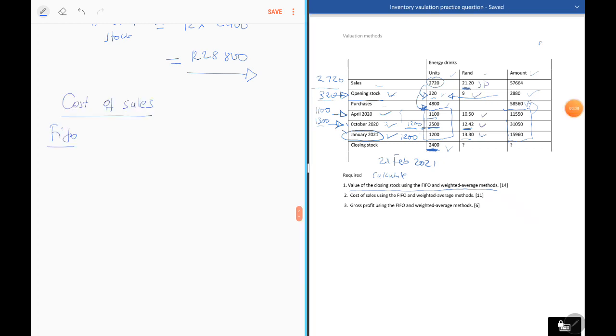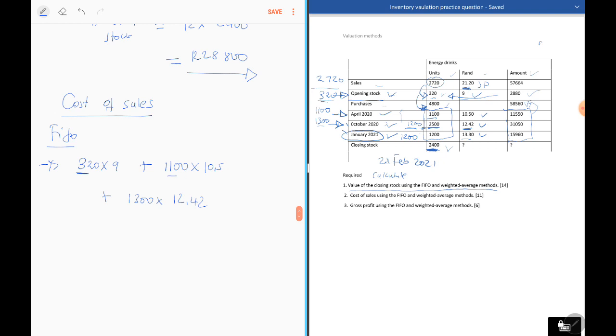Fine. So since you're calculating cost of sales, you must multiply each by its cost price. So meaning you're going to say 320 multiplied by 9 for the opening stock, plus 1,100 multiplied by 10 rand 50, plus 1,300 multiplied by 12 rand 42, because you're calculating the cost price.